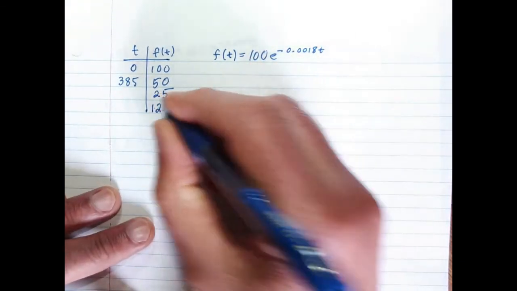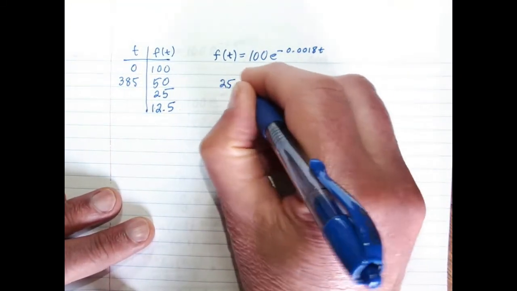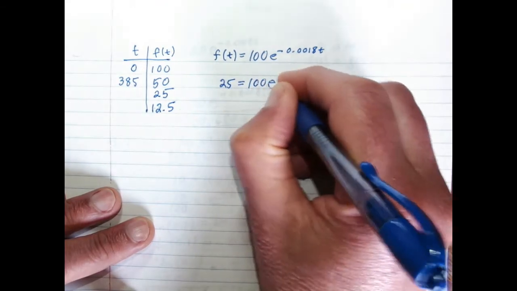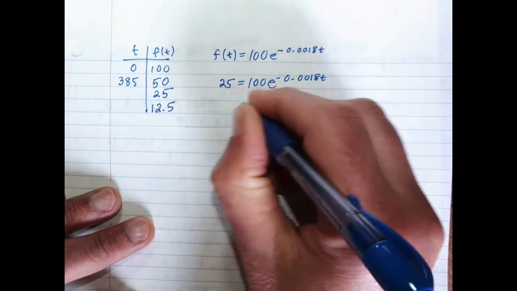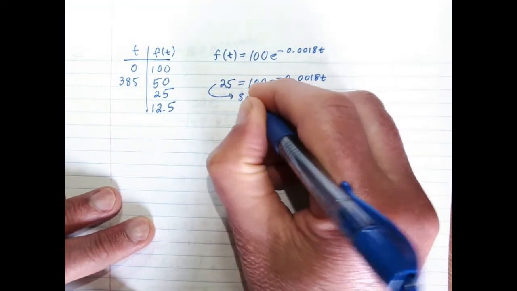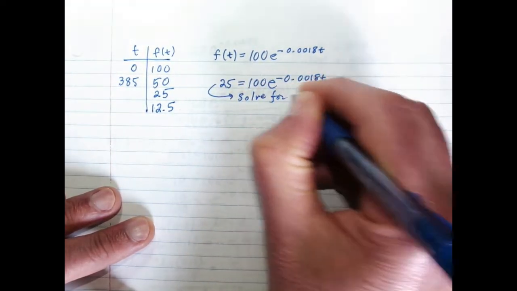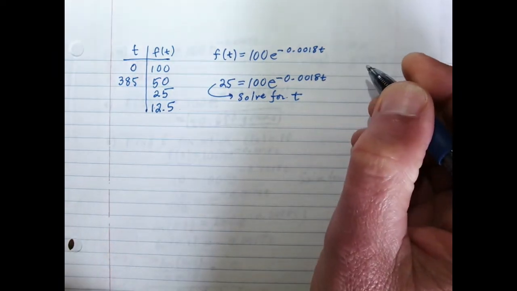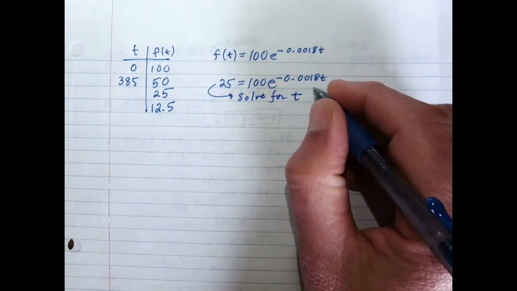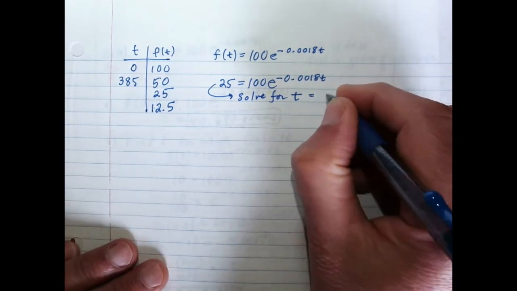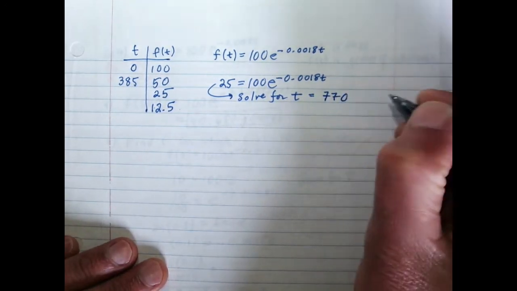So if f of t is 25, solve for t, and I'm just going to tell you that I get t is 770, rounded off.